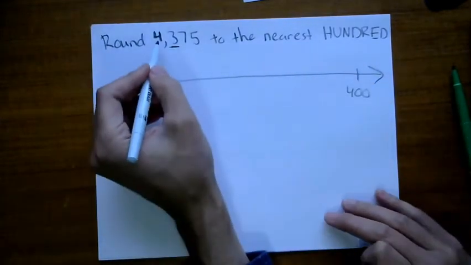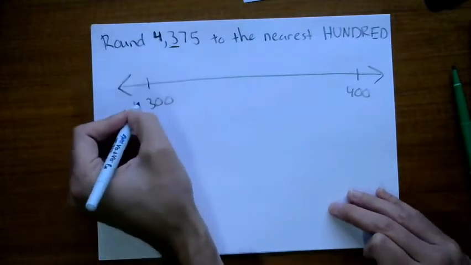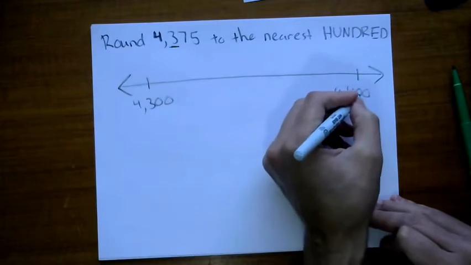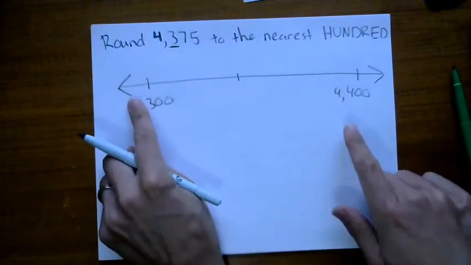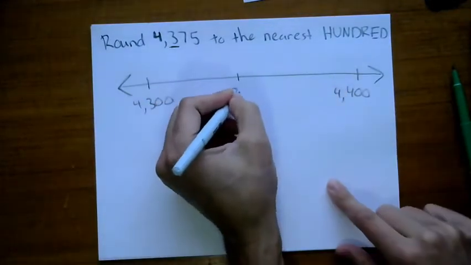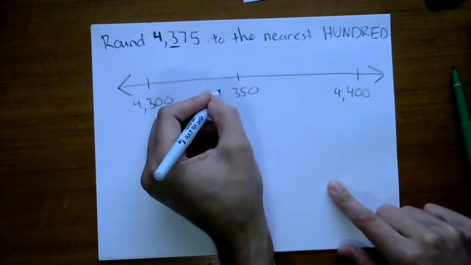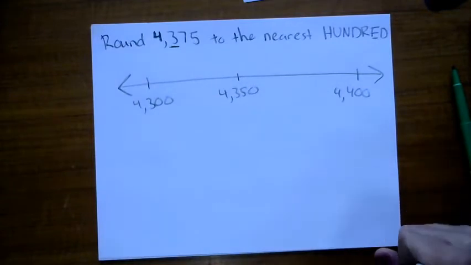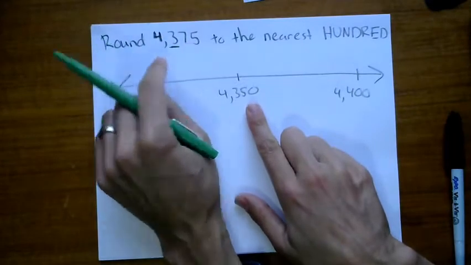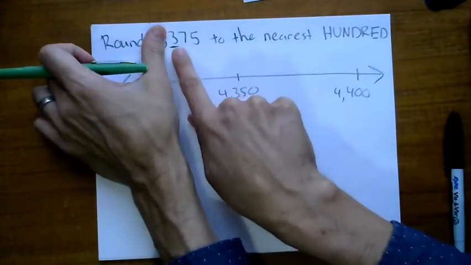Of course, I can't forget about that 4,000, so I can just change that this is actually 4,300 to 4,400. And then what's right in between 300 and 400? Right, 350. But again, this is 4,350 I need to remember. Now, if I figure out where to put this number on the number line, again, I'm just looking at the hundreds place and back.